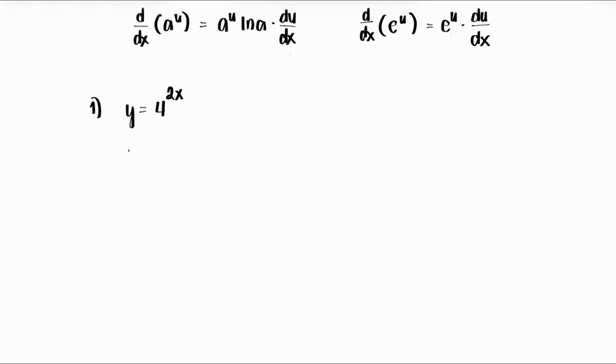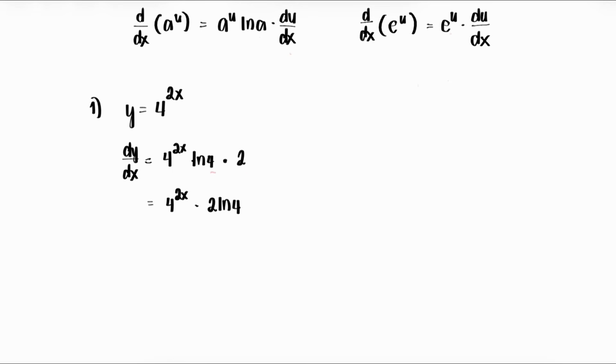So using the formula, the derivative dy dx is equal to, we just copy the given, 4 to the power of 2x, and we multiply it by the natural log of the base 4, and multiply it by the derivative of the exponent. The exponent is 2x, so its derivative is 2. So that's 4 to the power of 2x times 2 ln of 4. Remember that we cannot multiply these two.